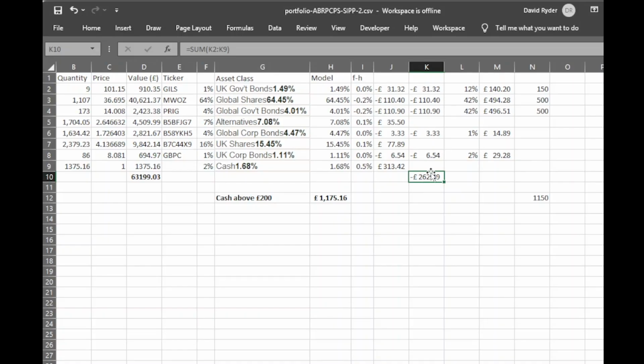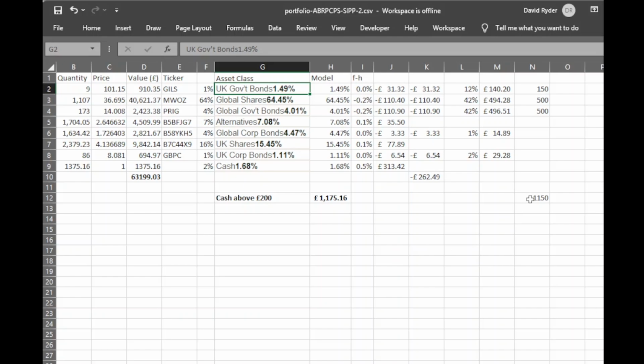So the total mismatch for those that are not at or above zero is £262, and £110 of that, which is how far under I am on the allocation for the global shares, that's 42% of £262. And 42% of £1,175, if I'm going to proportionally do it, is £494. So essentially what I'm going to do is buy £500 worth of global shares, £500 worth of global government bonds, and £150 worth of UK government bonds.